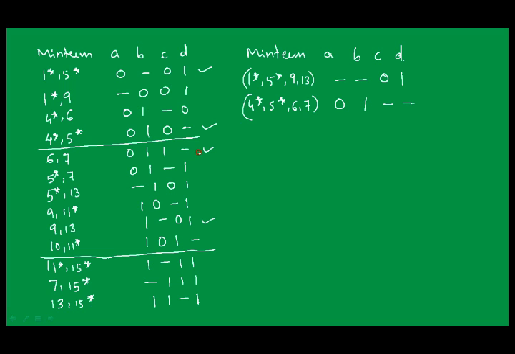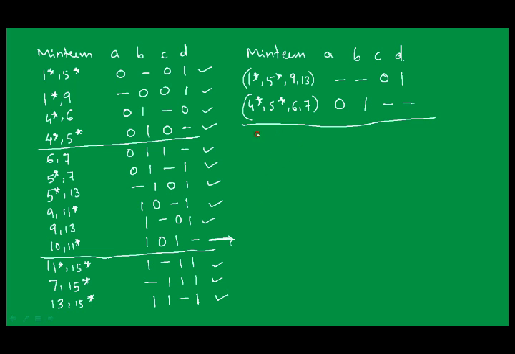I'll just put the tick marks on which min terms can be compared. Next, this will not receive a tick mark, this will not receive the tick mark. Then these three will receive tick marks.